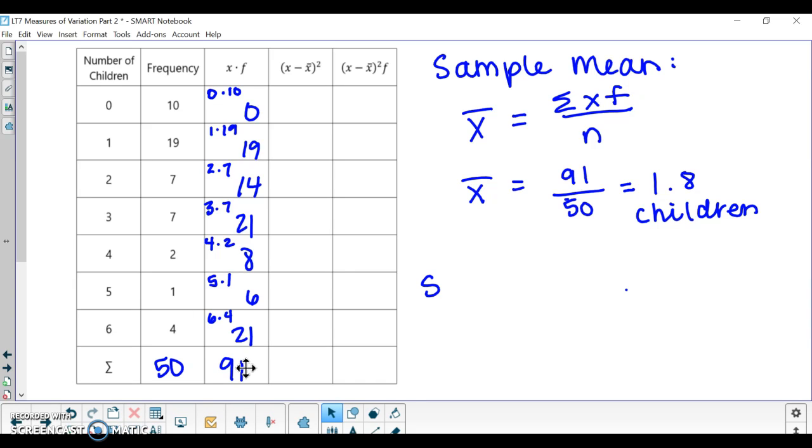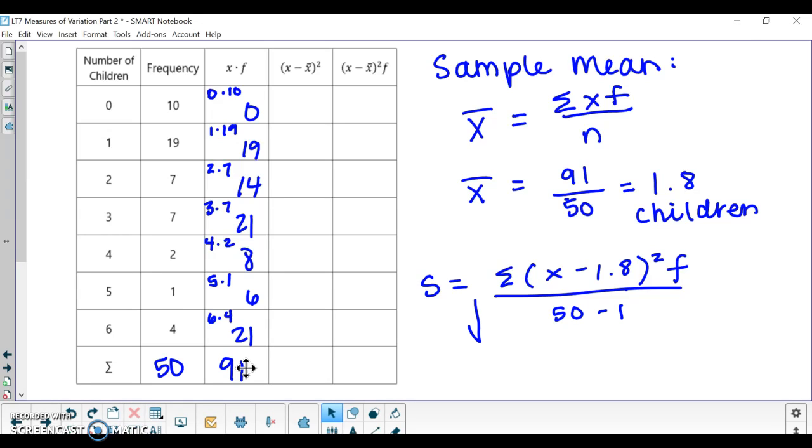Okay, now for our standard deviation, we have the sum of x minus, we're going to use 1.8 instead of our x bars. So the midpoint minus the sample mean we found. Square it, multiply it by its frequency, and divide by 50 minus 1. For that, we'll take the square root.